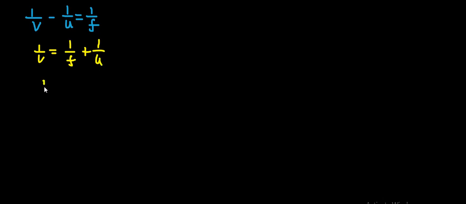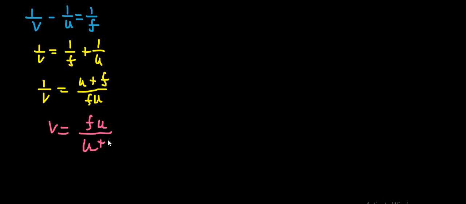We can convert this equation: 1 by v is equal to u plus f by fu, and finally we get v is equal to f multiplied by u by u plus f. Using this formula we can find the final answer.